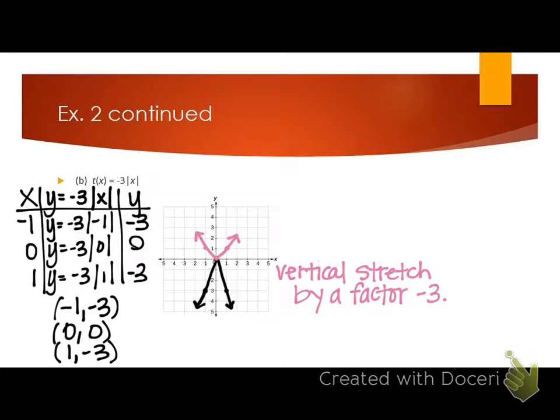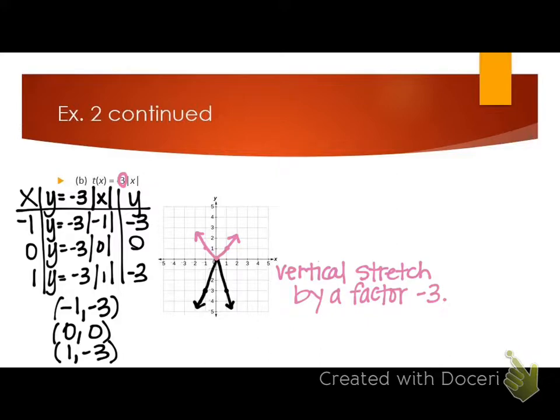So it definitely is a vertical stretch. We also can tell that because they have multiplied the y value. The 3 is outside of the absolute value bar, so they multiplied the y value, which makes it vertical. A is greater than 1, which makes it a stretch.